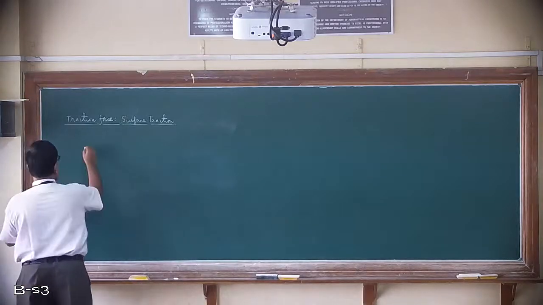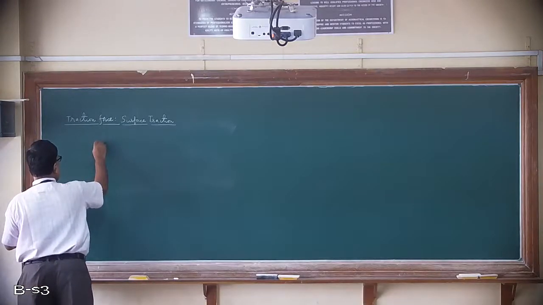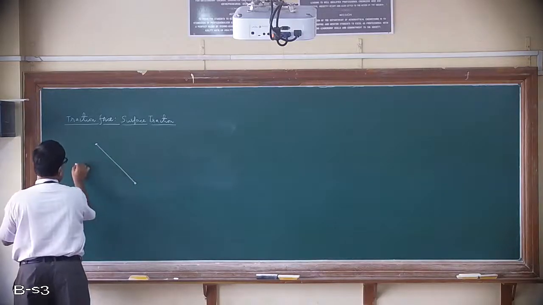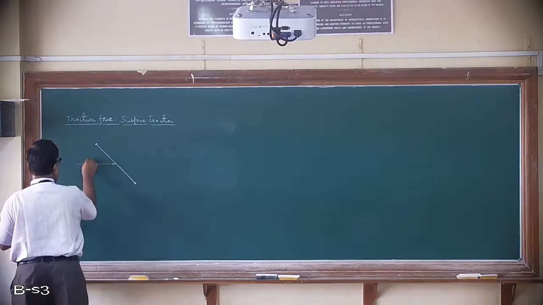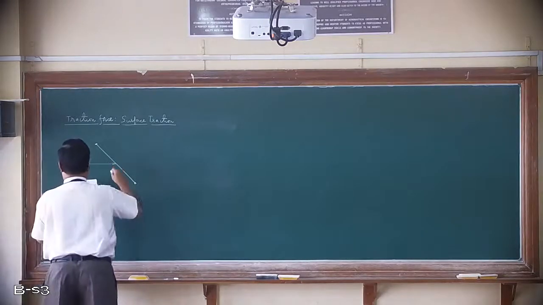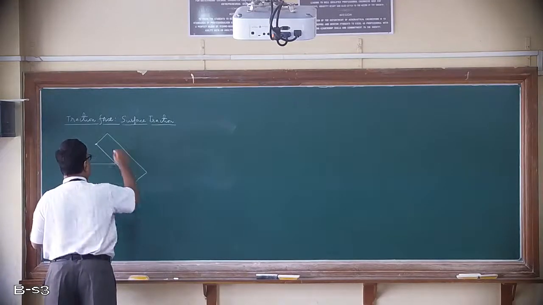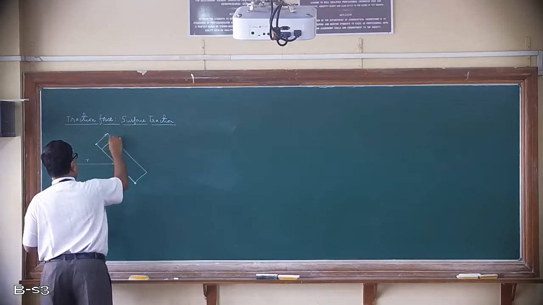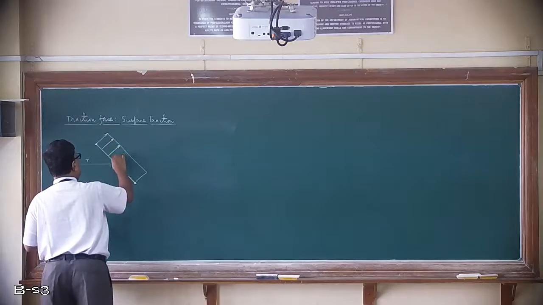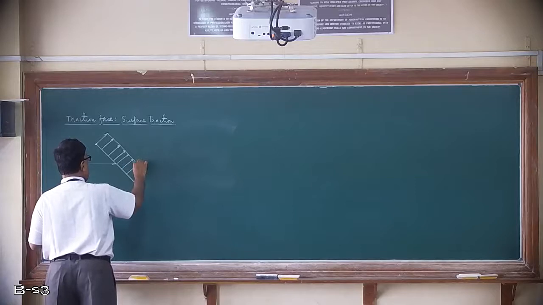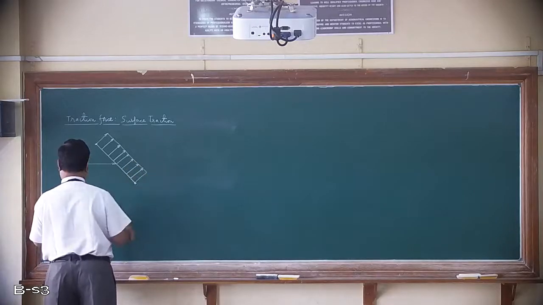Let us consider one of the edges. Let us say some point R. This is acted upon by a uniformly distributed pressure. Remember, this is a uniformly distributed traction, or force of pressure, along the edge.